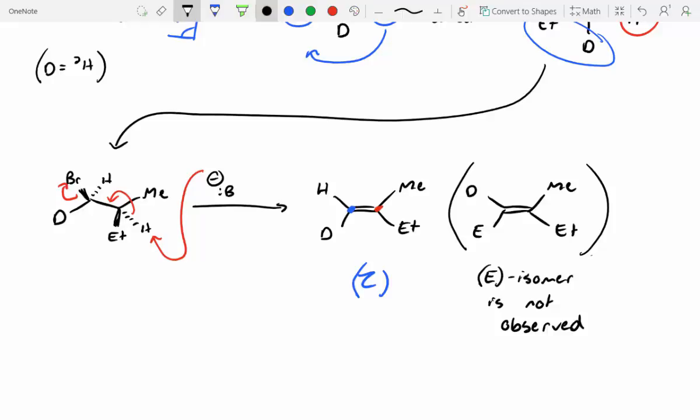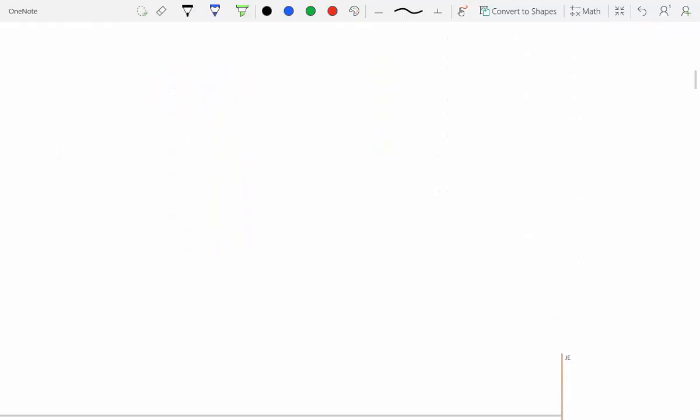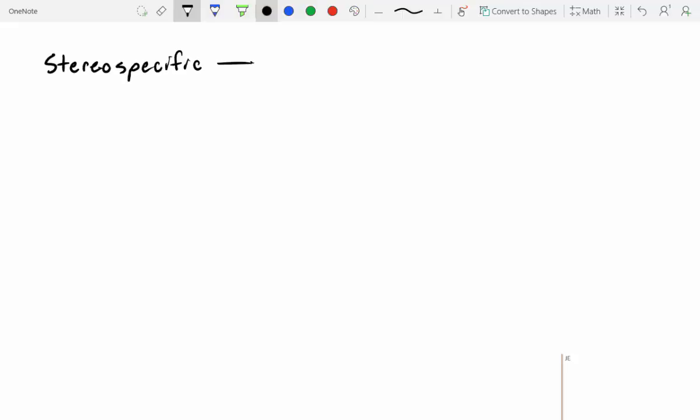All right, so now I've got to introduce some terminology and some vocab. The first vocab term I want to introduce is something called stereospecific. Stereospecific is a term used for a reaction that only gives one stereoisomer as a product.